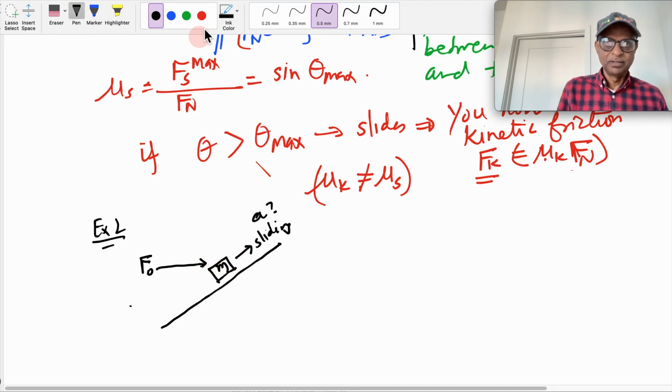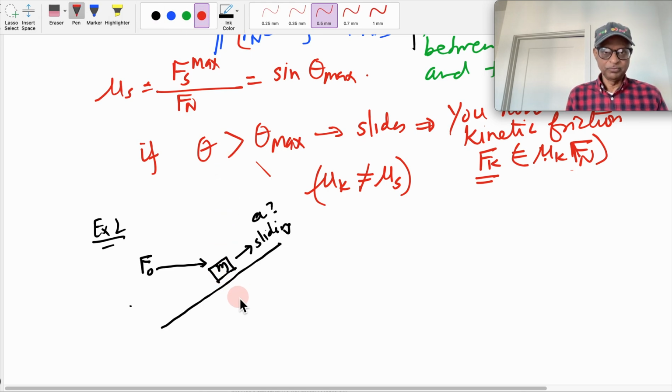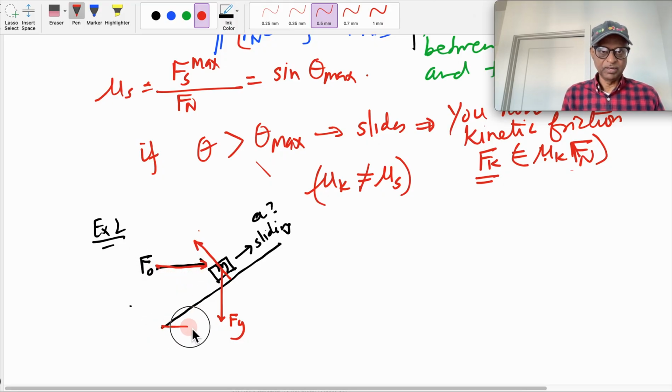Okay, so again, we first look at the forces that are there, the normal force, and this is horizontal, so it's in the same direction as that. These are parallel.